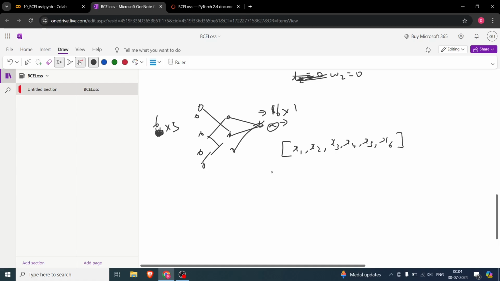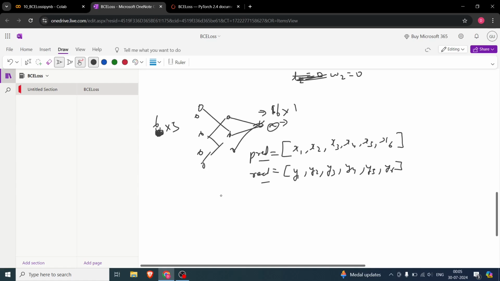This is your output, the predicted, which I am writing as pred. Now there also has to be the real value, depending on whether the answer was 1 or 0. Let's call it y1, y2, y3, y4, y5 and y6. So there are 6 predicted and 6 real.